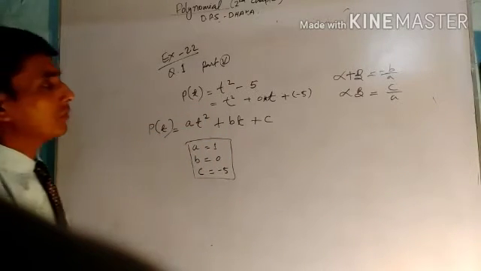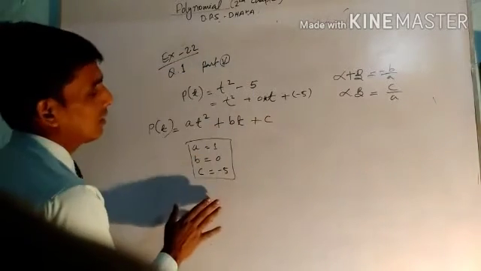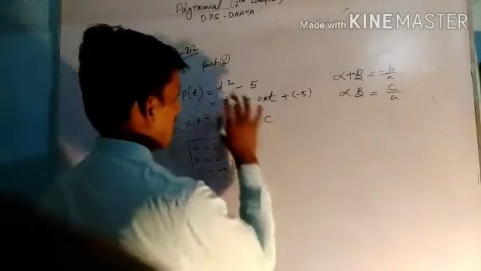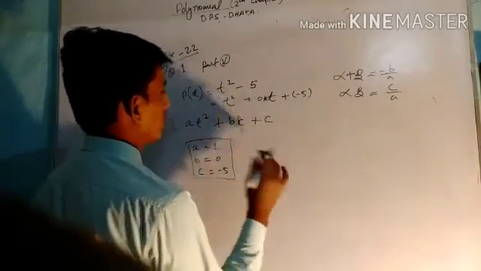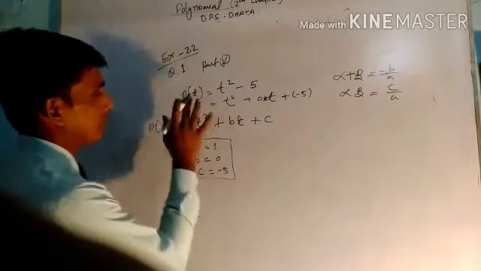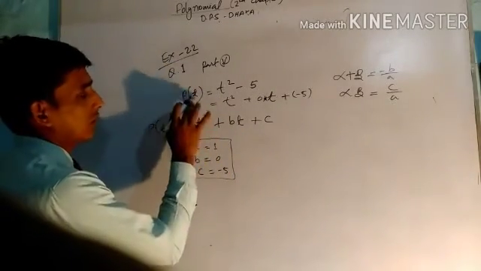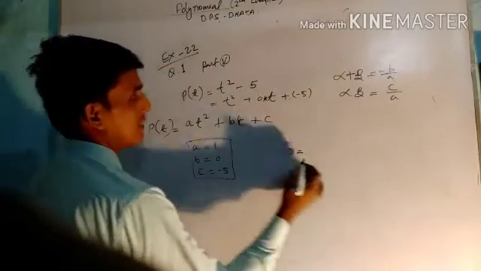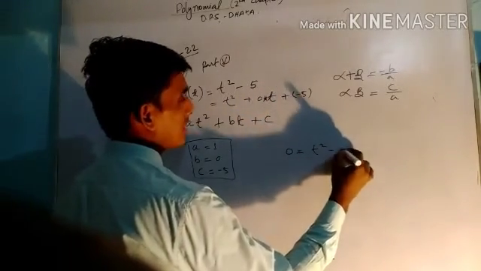Okay. Now first of all we will find out the root of this given polynomial. To find out the root of the given polynomial, we put 0 in the place of the polynomial. So if you place 0 here, you will get t square minus 5 is equal to 0.